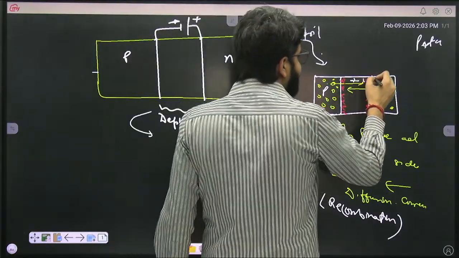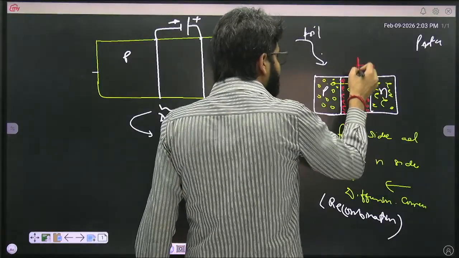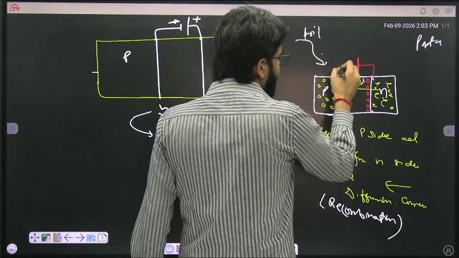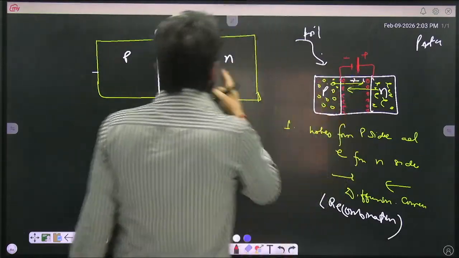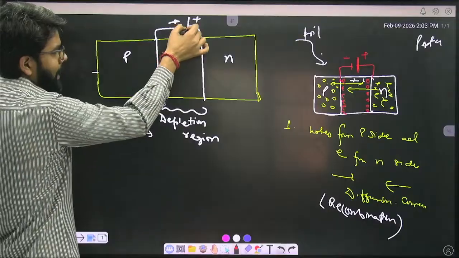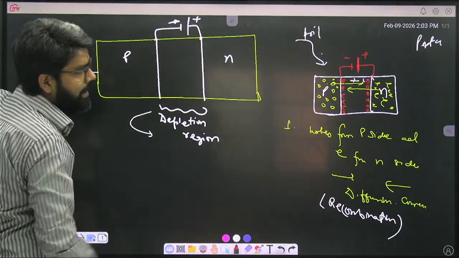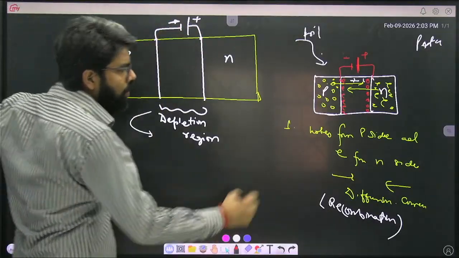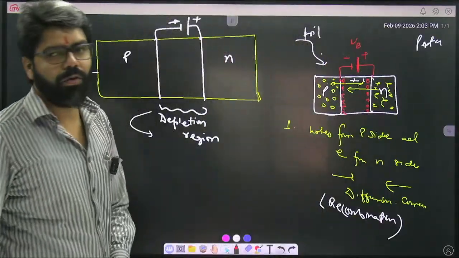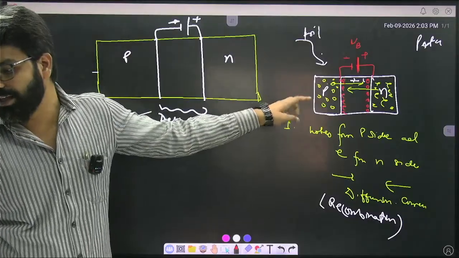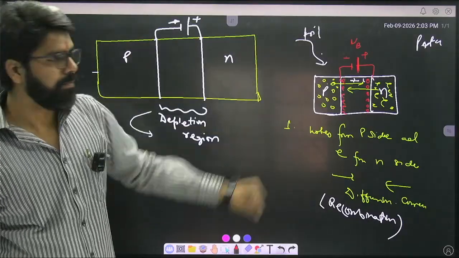Due to this, they develop a positive charge here and a negative charge here. Now you can see that on the N side a positive plate is developed, and on the P side a negative plate is developed. So this causes the occurrence of barrier potential between the junction.